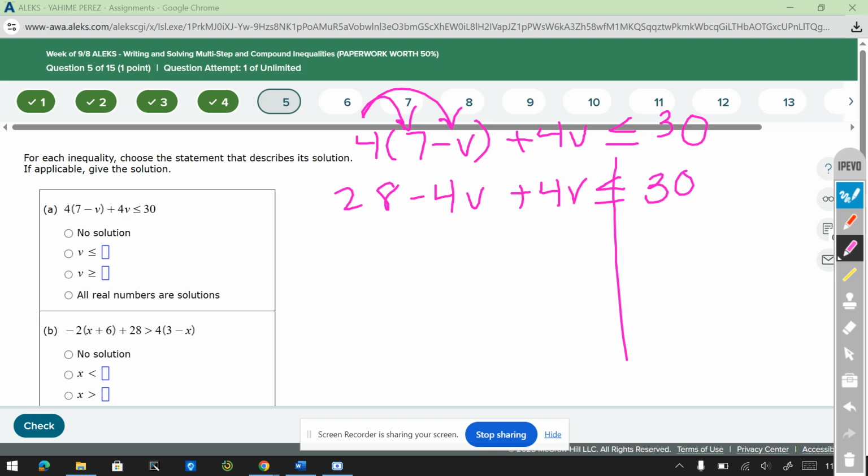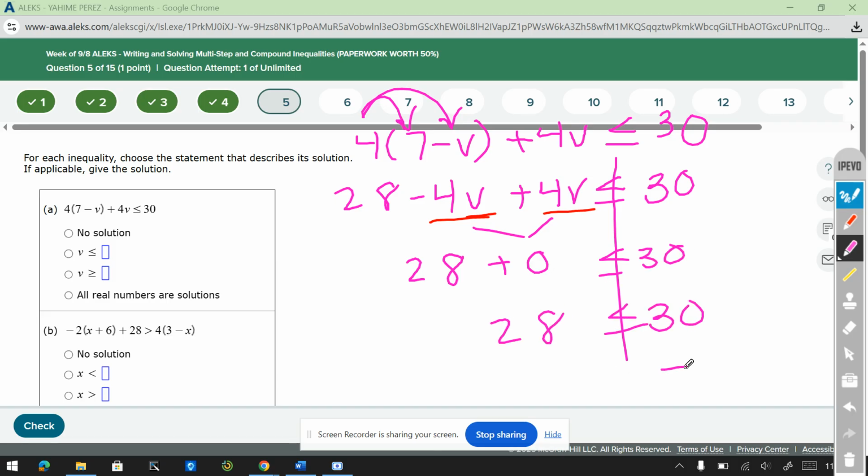I'm still not done simplifying on the left because I have like terms, so I'm going to combine them. And what happens is they both go to 0. Negative 4 plus 4 goes to 0. And what I'm left with is 28 is less than or equal to 30. And that is true. So this will be all real numbers.